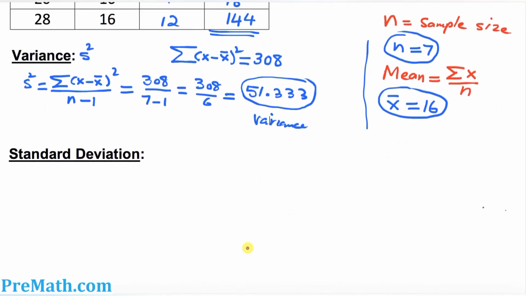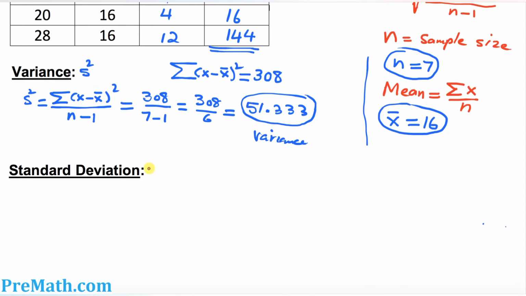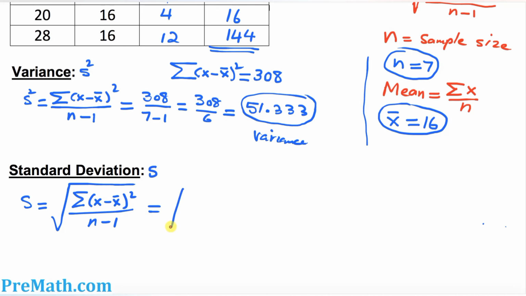And now we're going to figure out the standard deviation. Standard deviation is always represented by S. The formula is the square root of sigma x minus x bar squared divided by n minus 1. So we know that the top is 308 divided by 6.